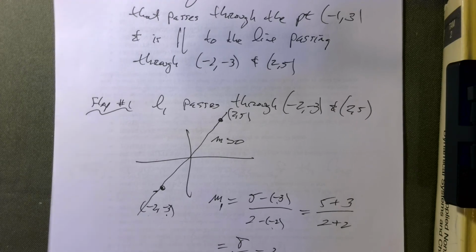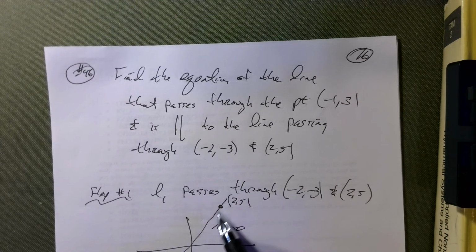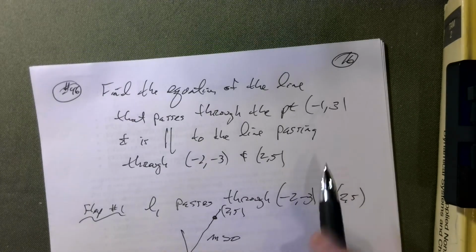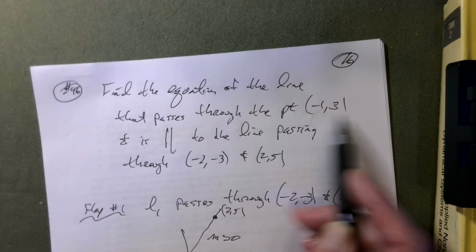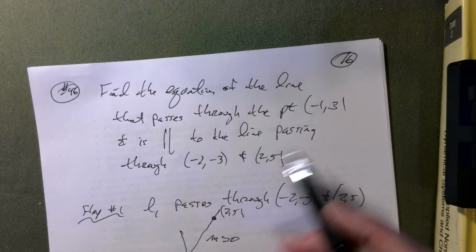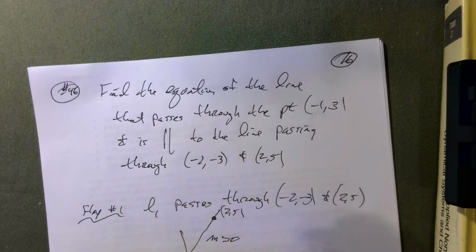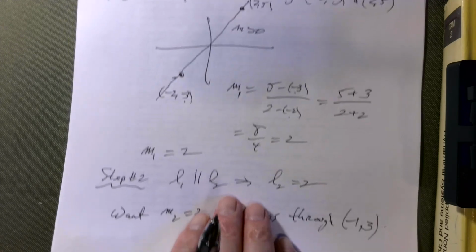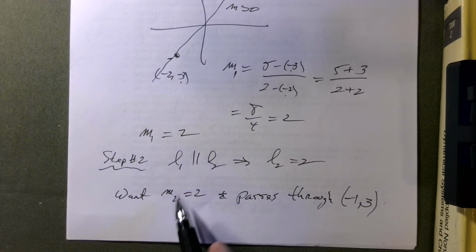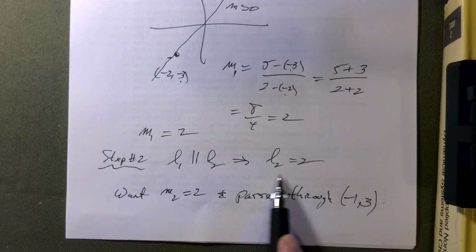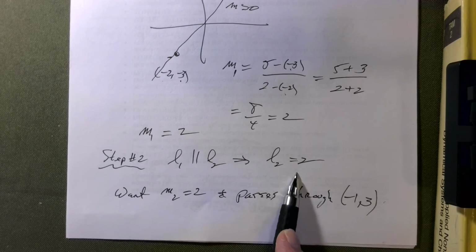So this line has a slope of 2, and we want another line passing through a different point that also has a slope of 2. I have two parallel lines, so the slope of the second line has to be the same, 2.